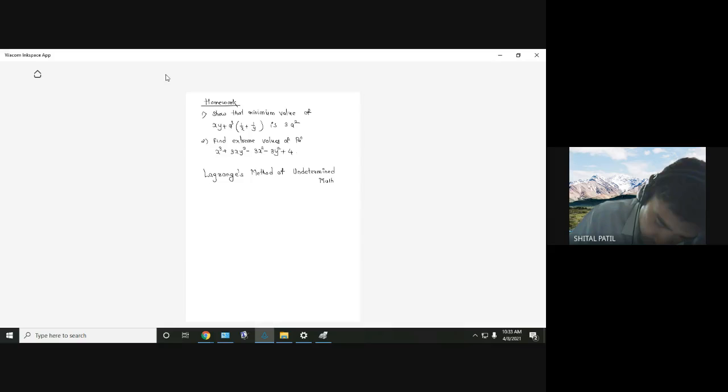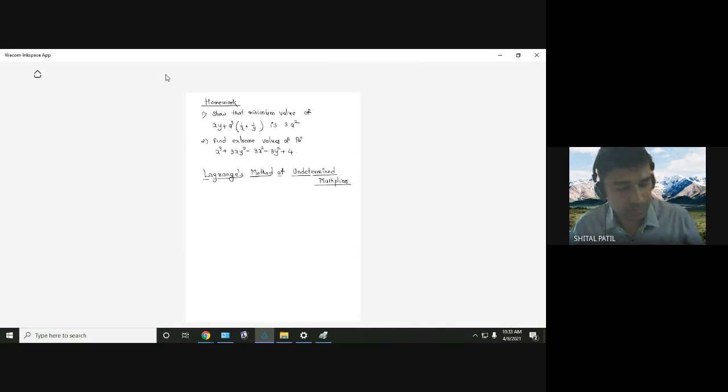Lagrange's method of undetermined multipliers. Right.